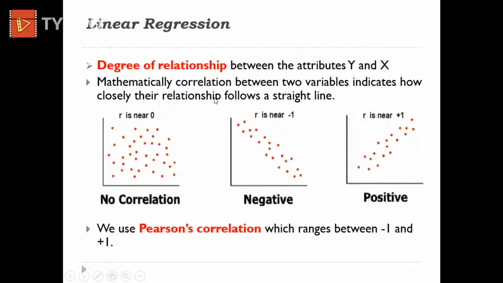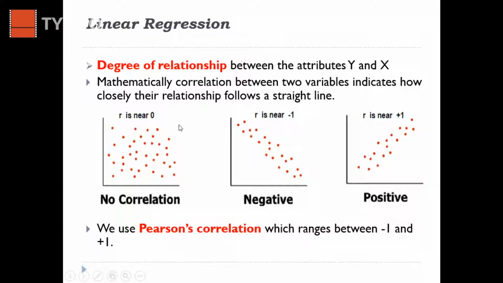Basically, it means how closely their relationship shows any linear trend. So we can see when the r value is near to -1 and +1, the data points are showing a linear trend, right? And when r is 0, the data points don't show any linear trend between them. So let's see how this coefficient of correlation is calculated.